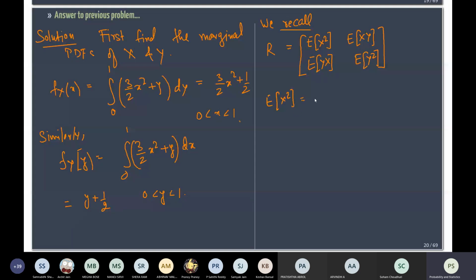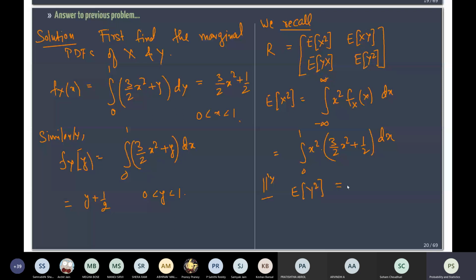Expectation of x squared is the integral from minus infinity to infinity of x squared times the marginal PDF of x, dx. So x goes from 0 to 1, x squared times 3/2 x squared plus half, dx. Similarly, we can compute expectation of y squared.